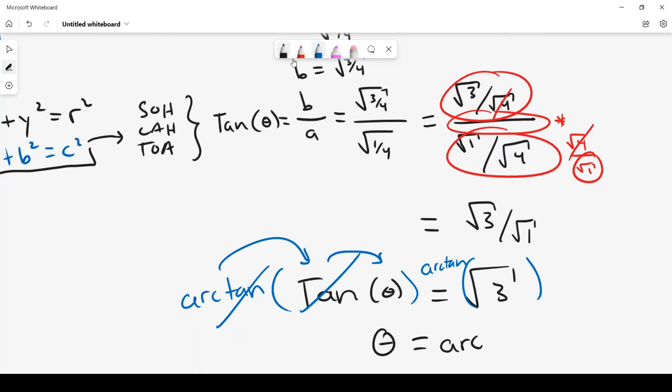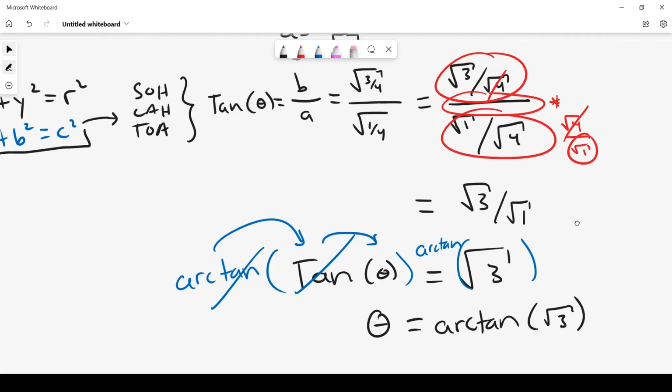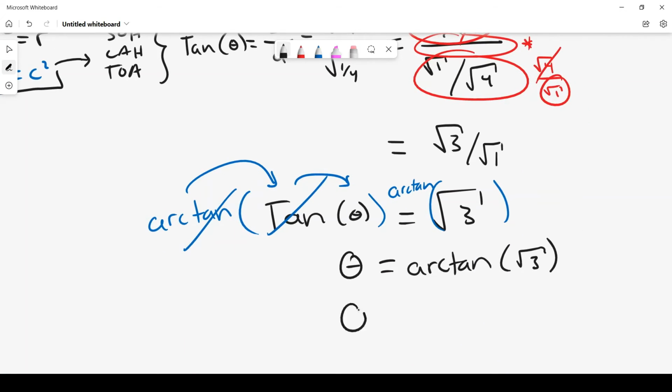And now you have the arctangent of the square root of 3, which you would need to do some tricky math for, beyond the scope of this video. You'd be able to use a calculator, in which case you would get a form of radians, which we can then convert into degrees. And then you should find that this theta is actually 30 degrees.